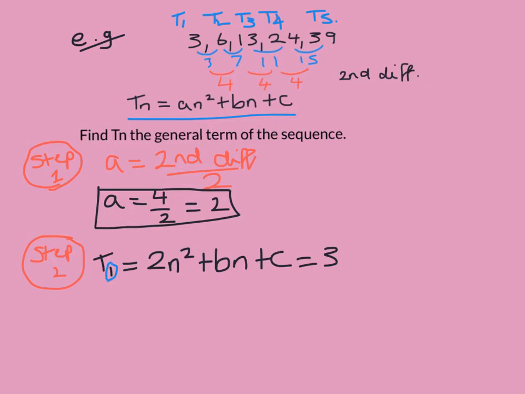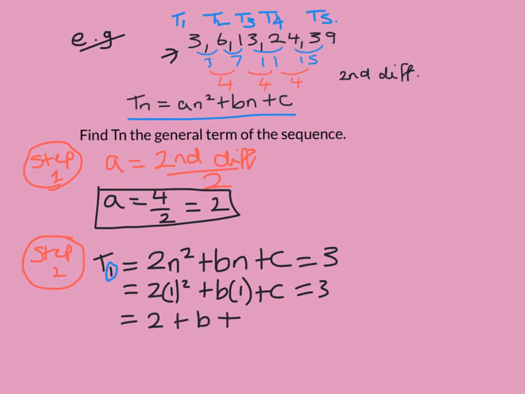So instead of the n we can put in 1. So what we get here is 2 times 1 squared plus b times 1 plus c, and that's all equal to 3, which we can see here is our first term. Simplifying that, 1 squared multiplied by 2 gives me 2, plus b plus c equals 3.